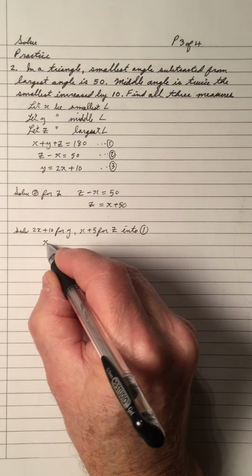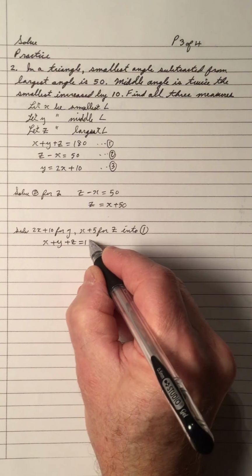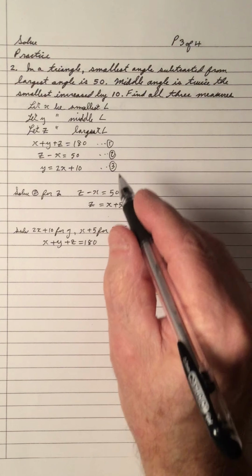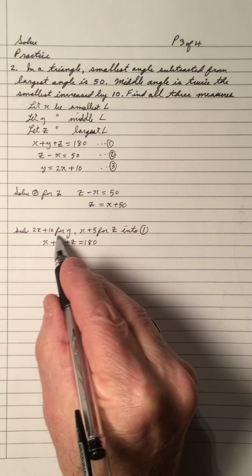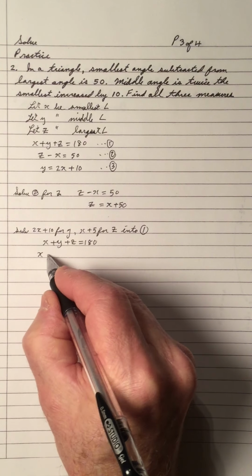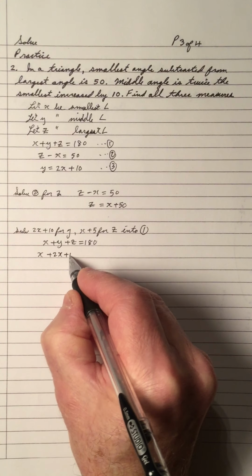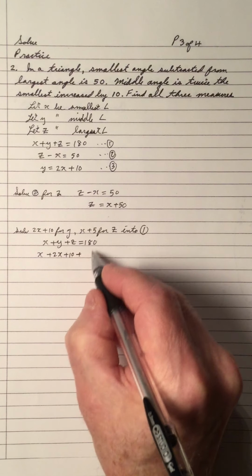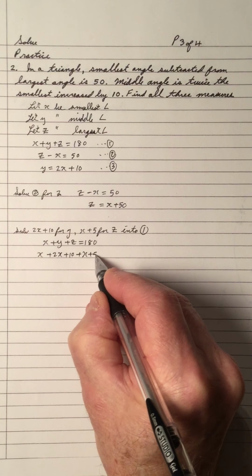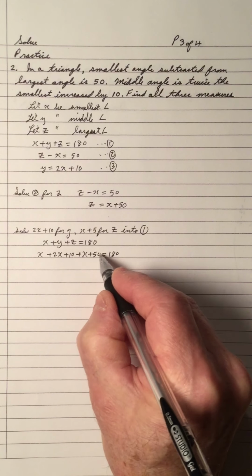So I got an x plus a y plus a z is 180. We leave the x alone, so y is 2x plus 10. Z is x plus 50 equals 180.